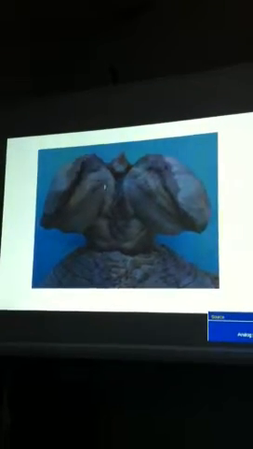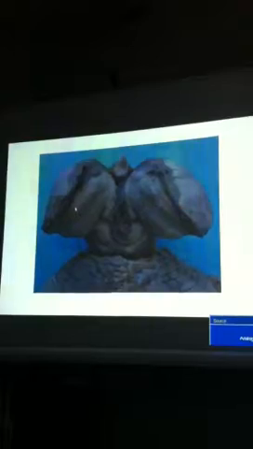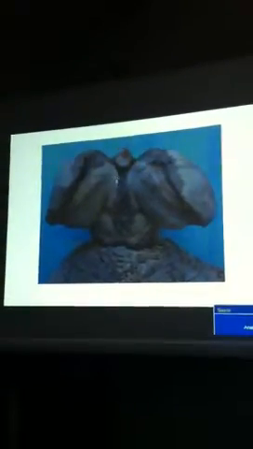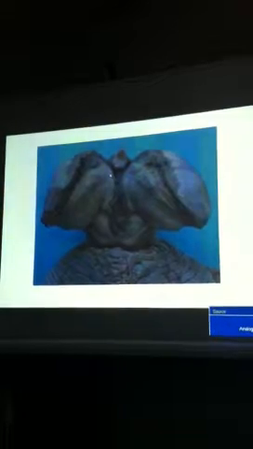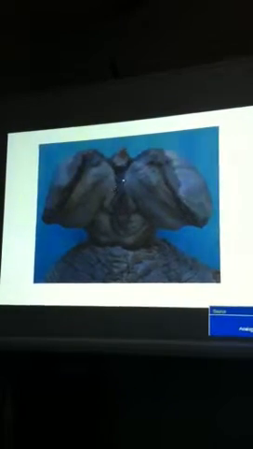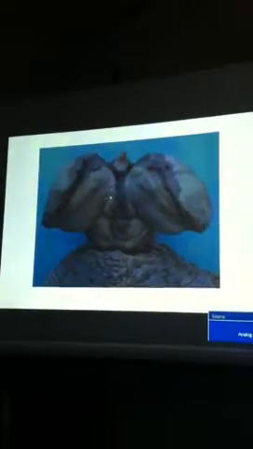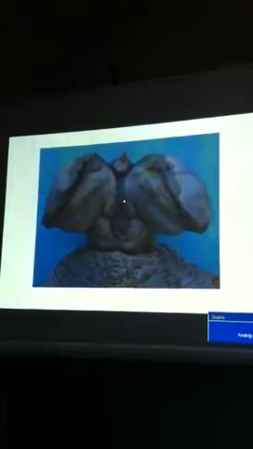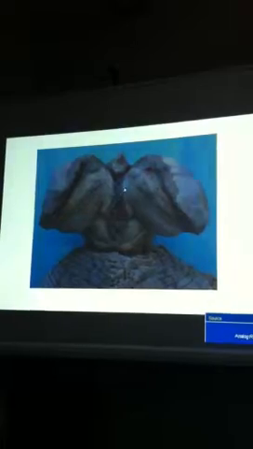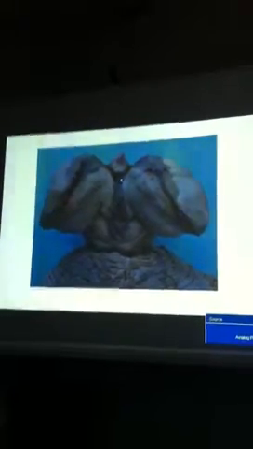This upper surface of the thalamus is free, as is the medial surface here. So, as I mentioned in the previous slide, the two medial free surfaces of the thalamus form the third ventricle lateral walls.